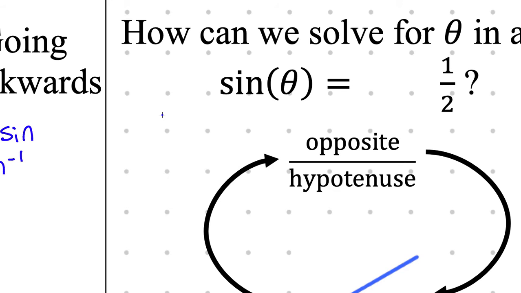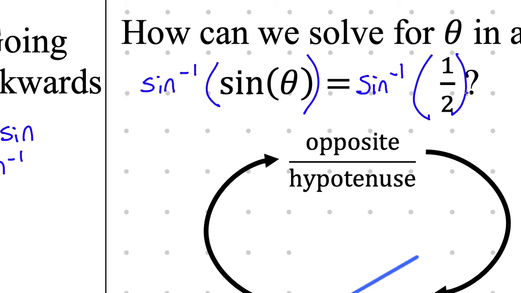So to undo sine, I'm going to take the arcsine of both sides. When I do that, the arcsine and sine cancel each other out because one function undoes the other.